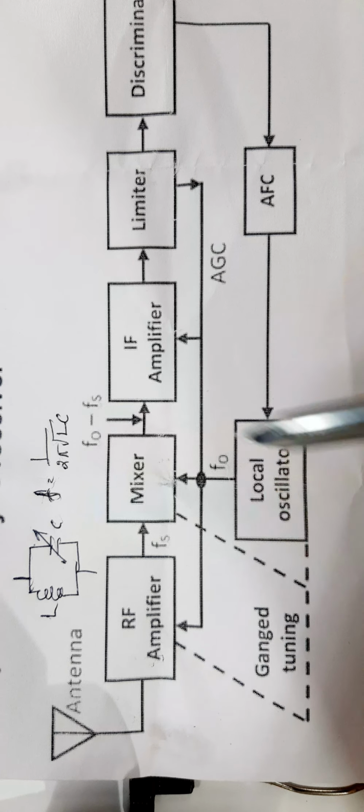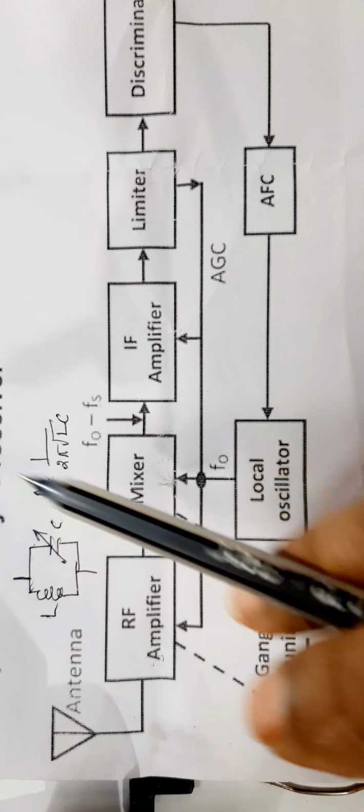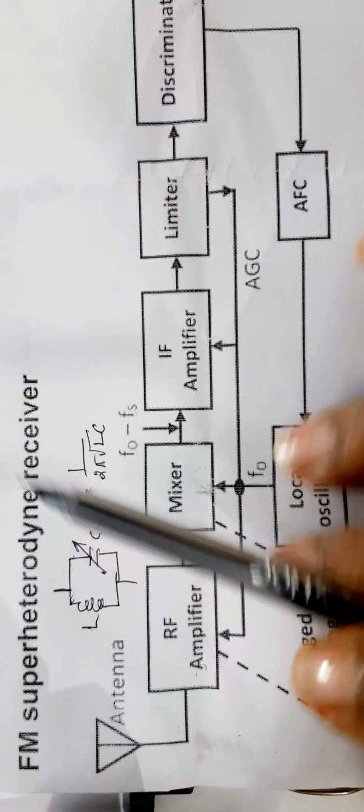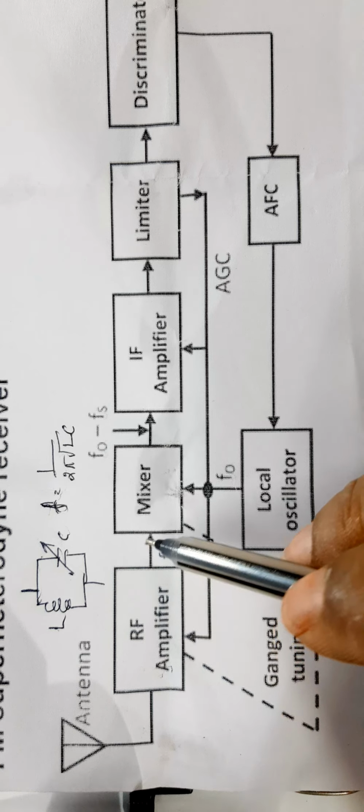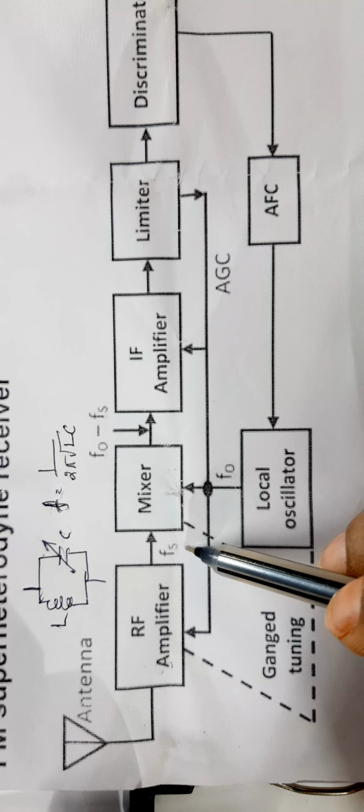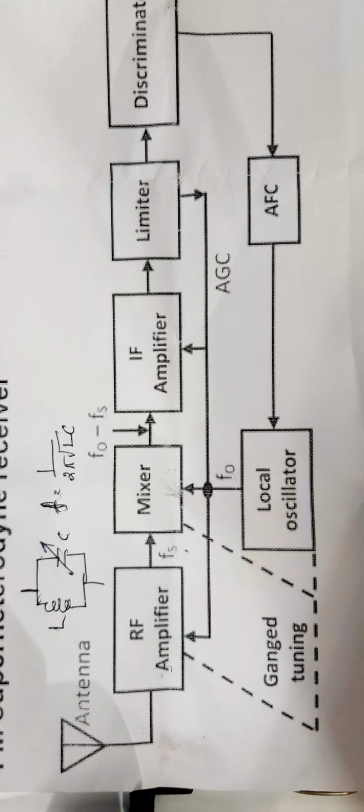Okay, next, for heterodyne, that is to get mixing of frequency, this is our signal frequency received. I will call it Fs. And to get a difference of frequency, you have to create another frequency locally by an oscillator.